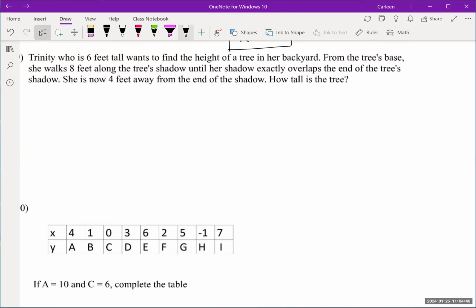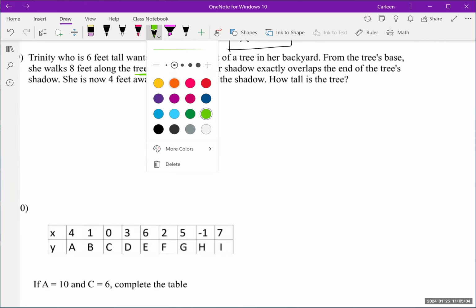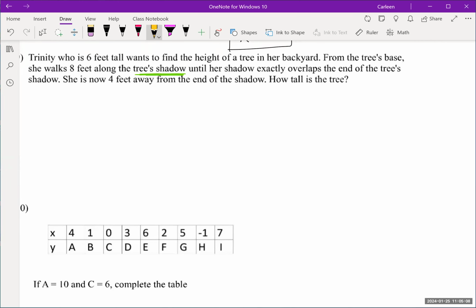Now we know that it's a shadow problem. But there's a keyword that tells us that this picture looks different from the previous one. What is that keyword? I'll tell you. Overlaps. Overlapping problem.